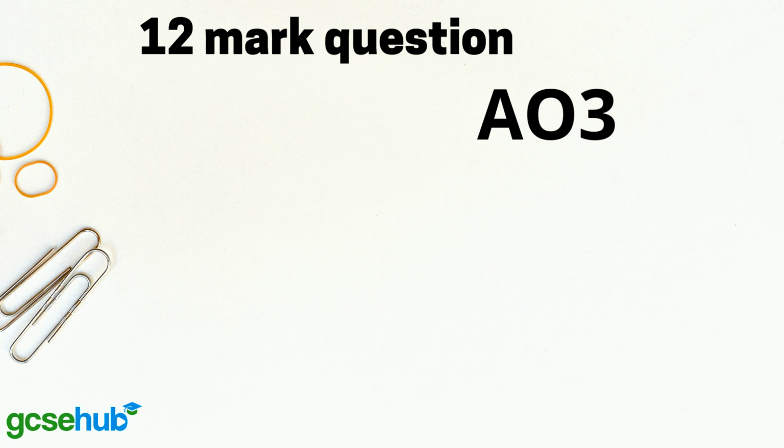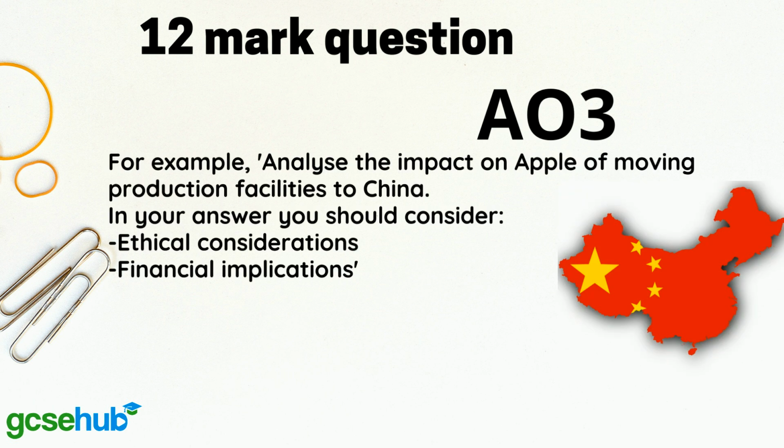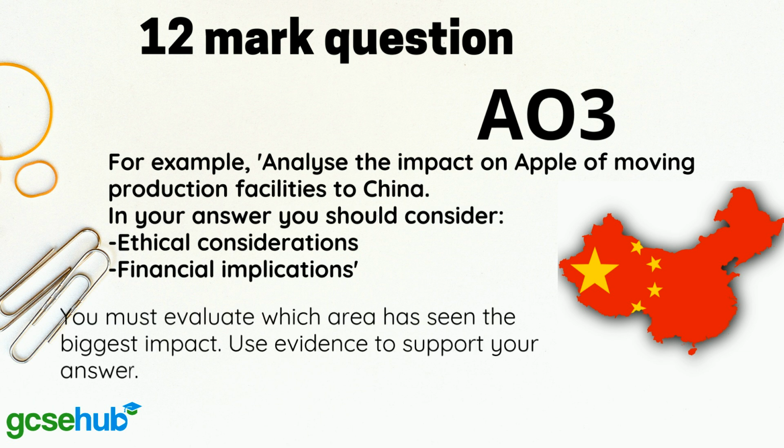So let's have a look at an example question. This is taken from a specimen paper. Analyse the impact of Apple moving its production facilities to China. In your answer, you should consider ethical and financial implications.